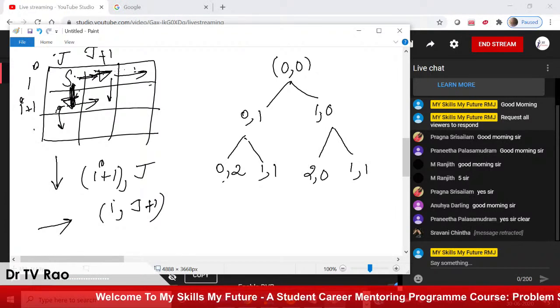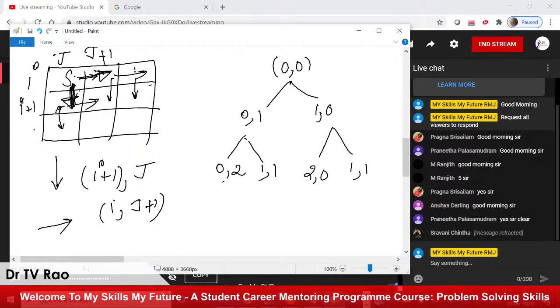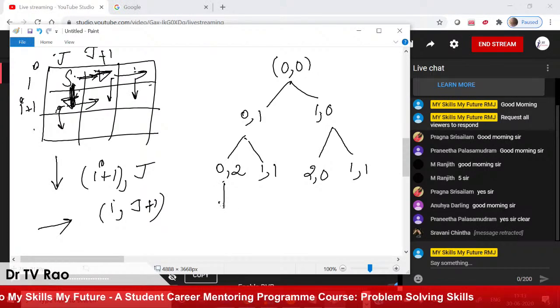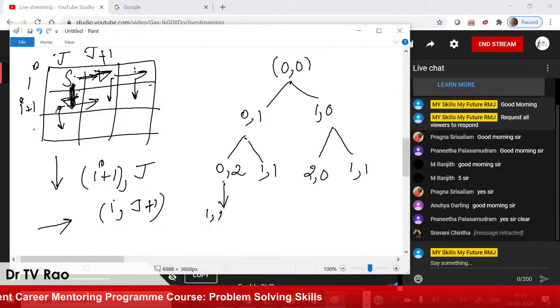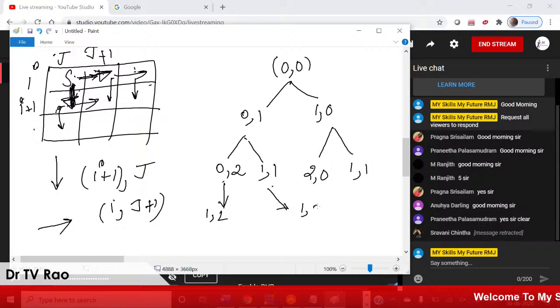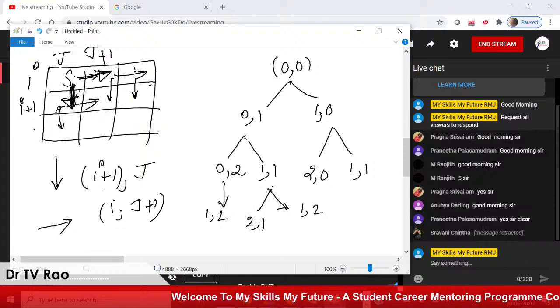From 0 2, you can go only down. What is that? 1 2. From 1 1 you can go to 1 2, or you can go to 2 1. Okay, is this clear?